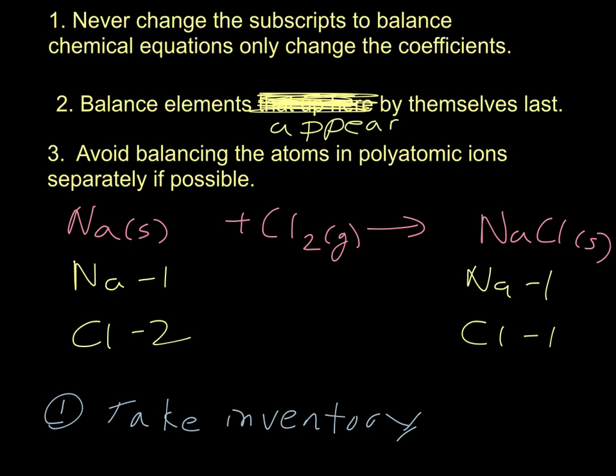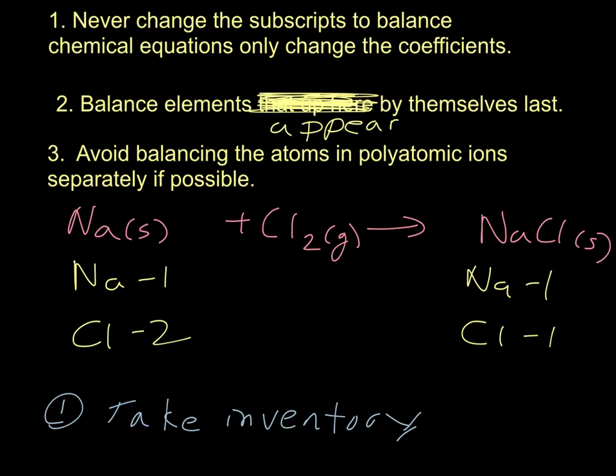Alright, I look and I see, okay, I've got two elements that appear by themselves, both sodium and chlorine, so it doesn't matter which I balance first. I look and I say, see, look, my sodium's balanced 1 to 1, but look at my chlorine. I have two chlorines over here. I only have one chlorine over here. So I ask myself, what can I multiply 1 by to get 2?